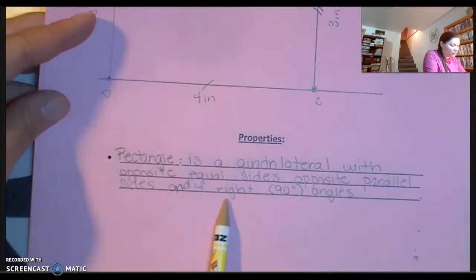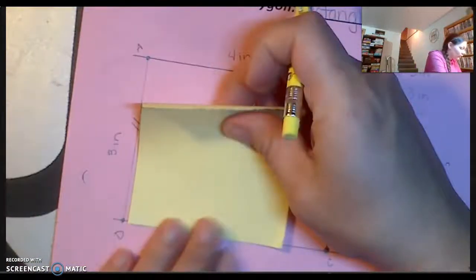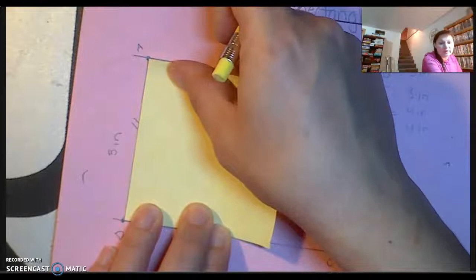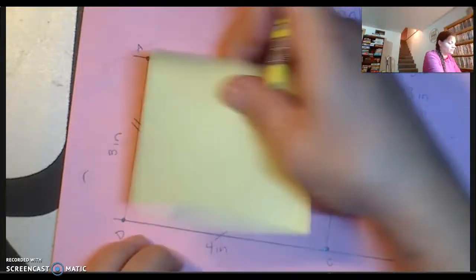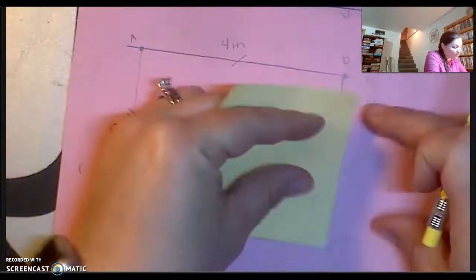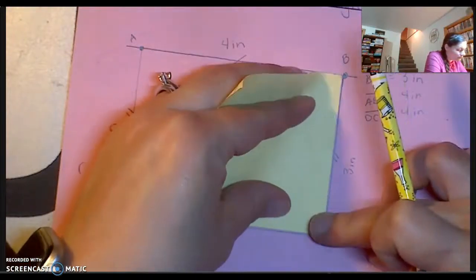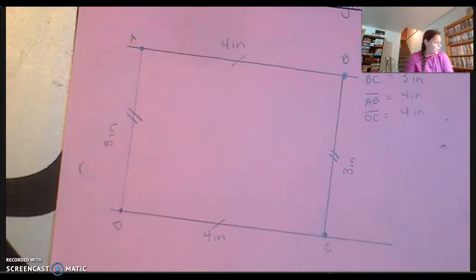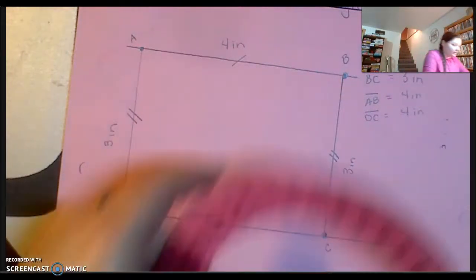The last thing we need to do is check for right angles. And we can use our set square for that. We already know this one has right angles because we used our set square to make it. Same thing over here, we can use our set square and see that that fits perfectly in the corner. And the last way I want to check is using my protractor.